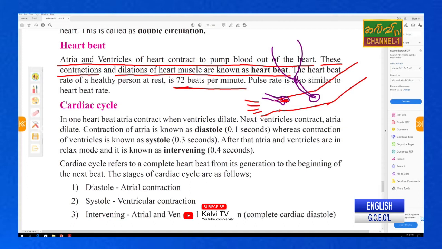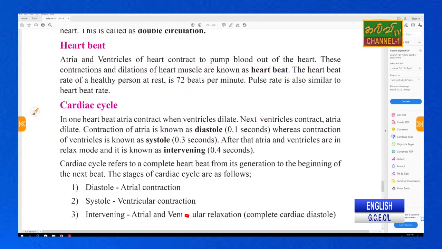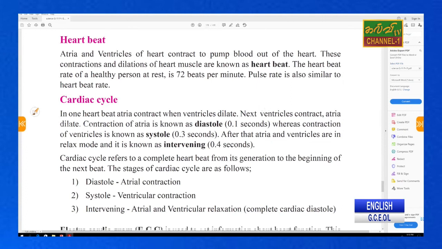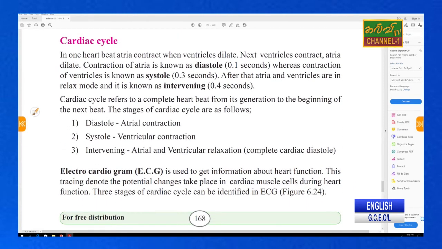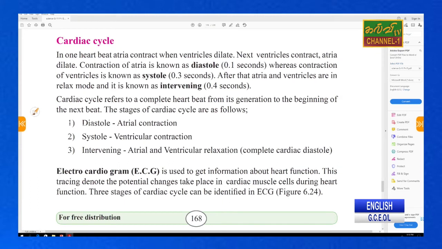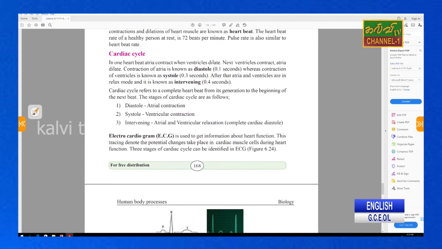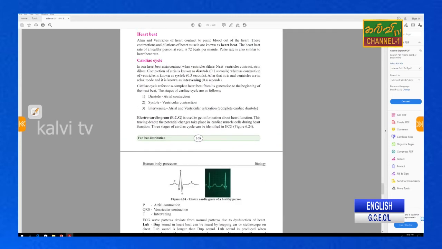Okay. Now, the cardiac cycle, right? That is very important. In one heartbeat, atria contract when ventricles dilate. What is that? See, in one heartbeat atria contract when ventricles dilate.